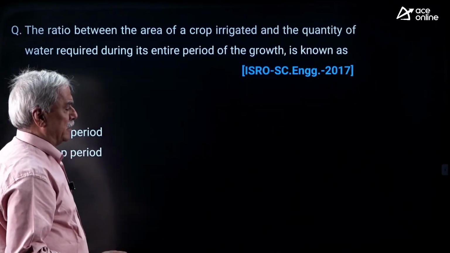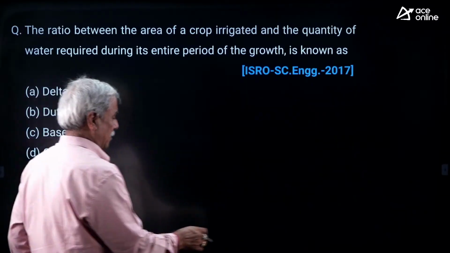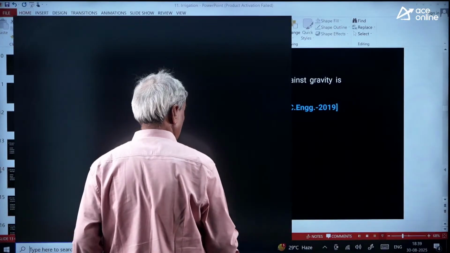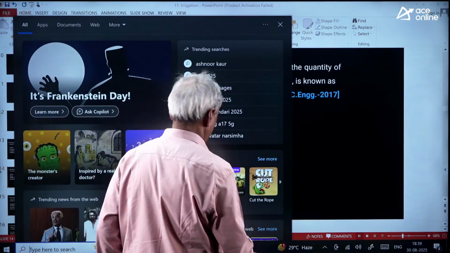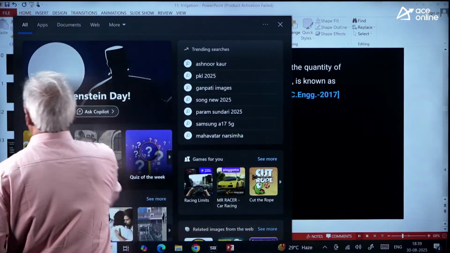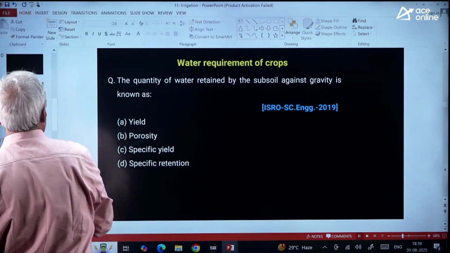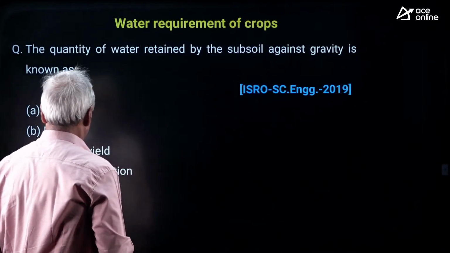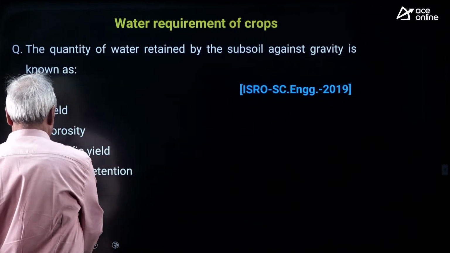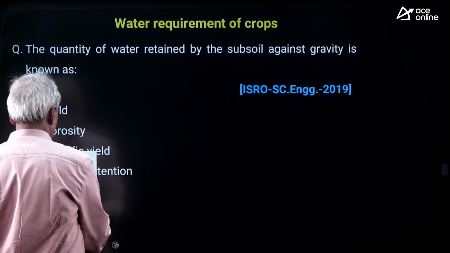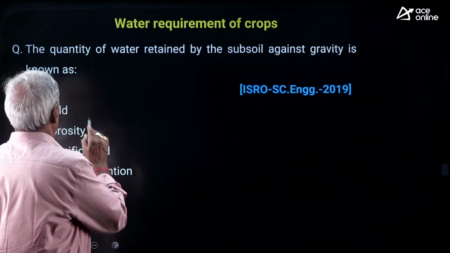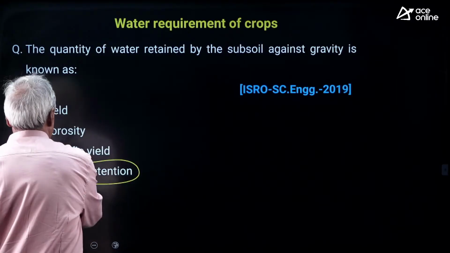So the answer for that is: the quantity of water retained by the subsoil against gravity is known as specific retention.